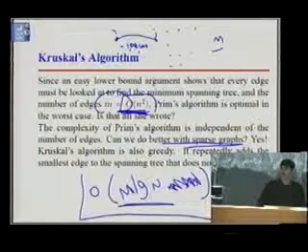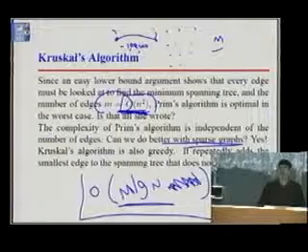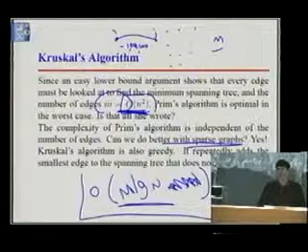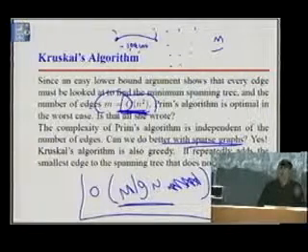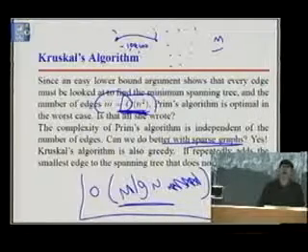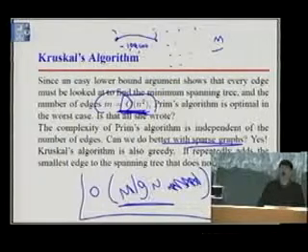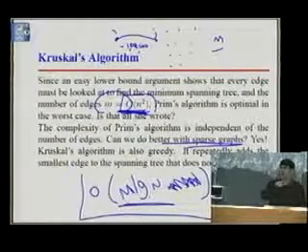The answer is it depends. Which would be faster on a dense graph where you had n squared edges? Prim's. Which would be faster on a sparse graph where you had n edges? This other one, right? That would be n log n now. Does everybody agree with that?